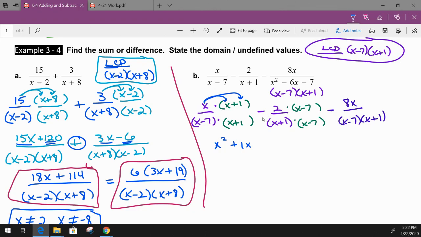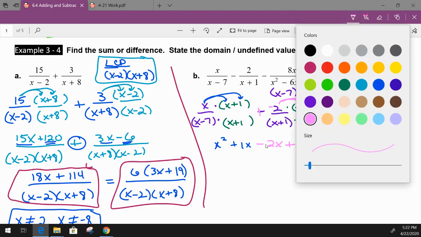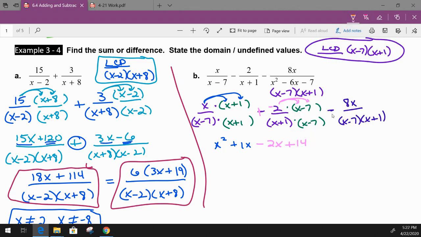Especially if there's just one term, I would put the minus sign in front of the 2 and change that to a plus. So I'm really technically distributing negative 2 to both terms, which will give me negative 2x plus 14. And then the third fraction, you do not need to multiply by anything, so it's just going to be minus 8x.